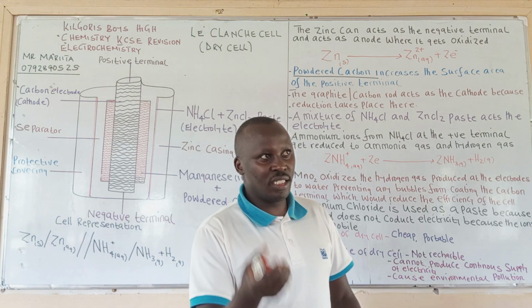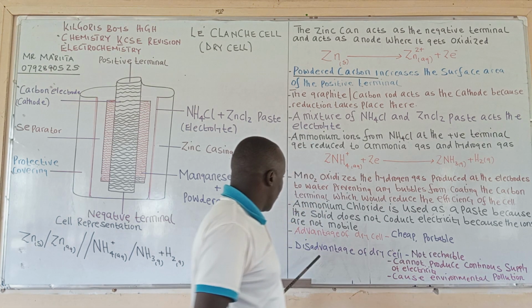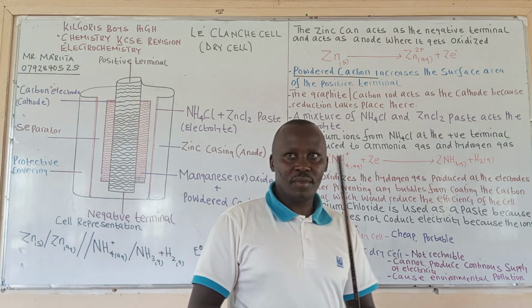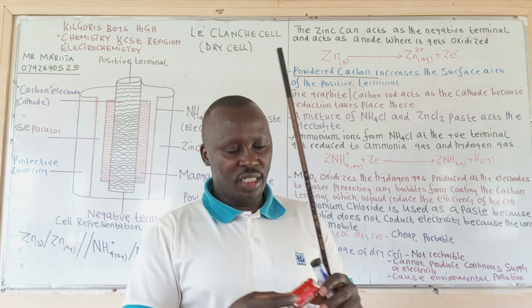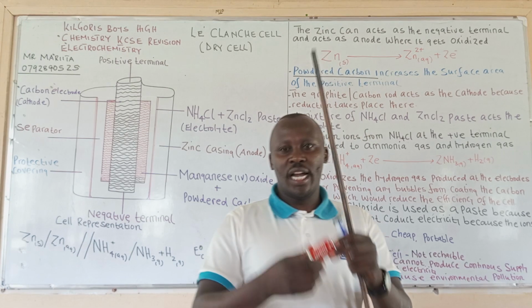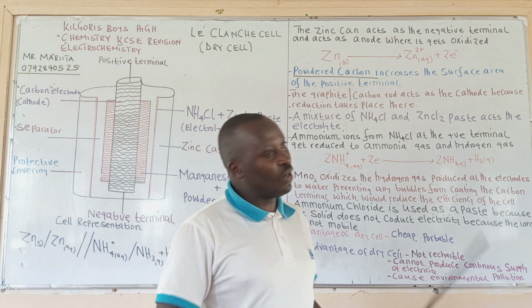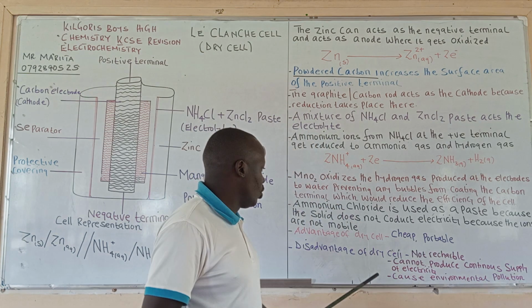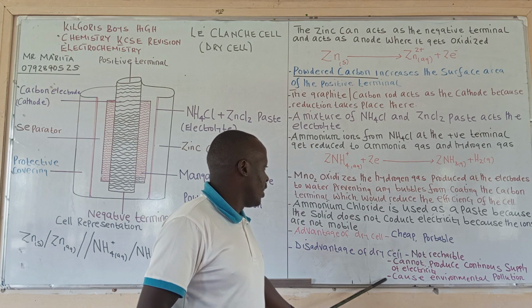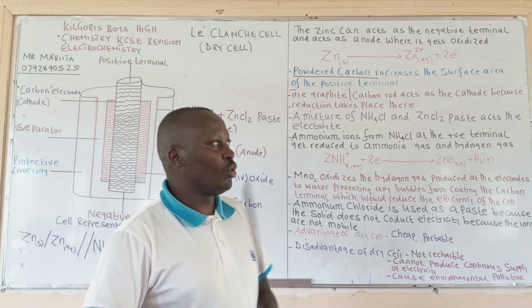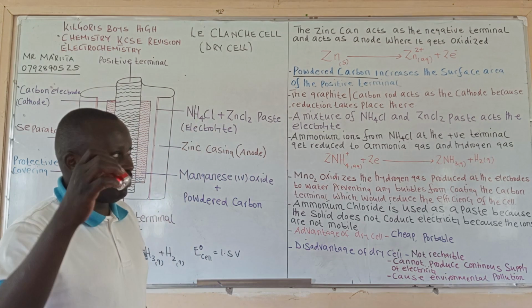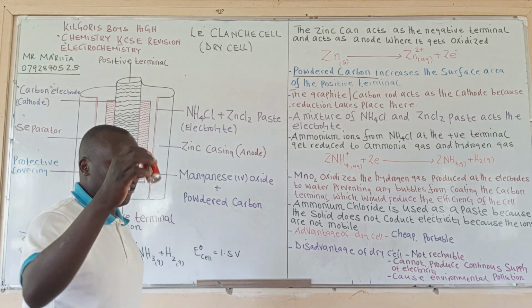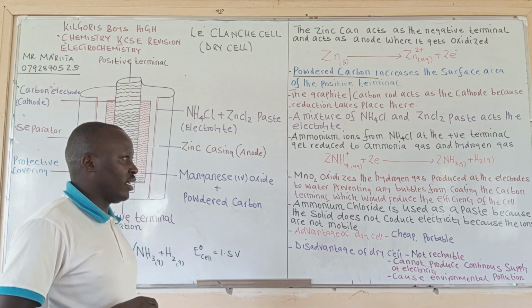The disadvantages of this cell: it does not produce a continuous supply of electricity, it can also pollute the environment, and it is not rechargeable. So those are some of the disadvantages of this dry cell.